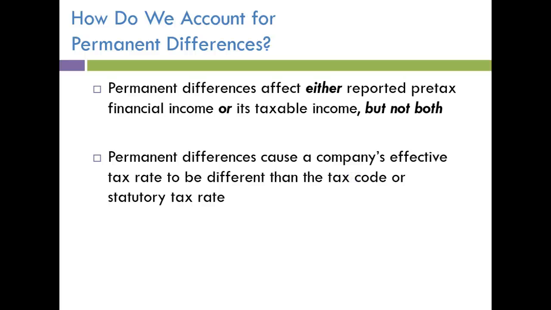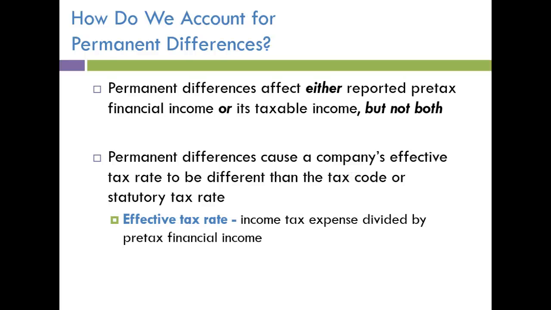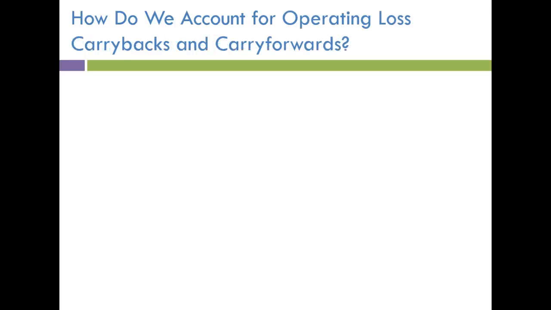The permanent differences cause the company's effective tax rate to be different than what the tax code or statutory rate may be. Again, effective rate is going to be taking all the income taxes and dividing it by that income. And the statutory rate is what we get set with the IRS on the different codes rates.